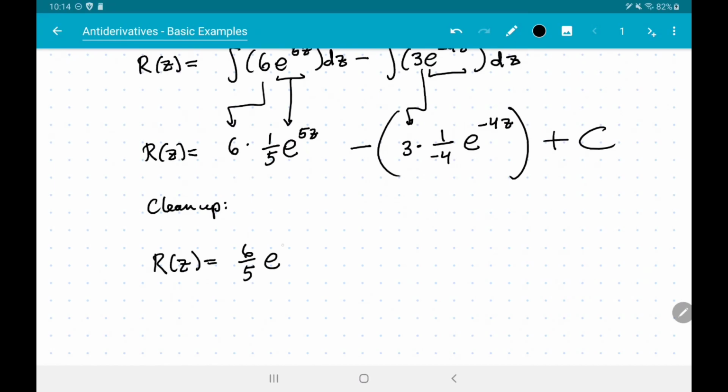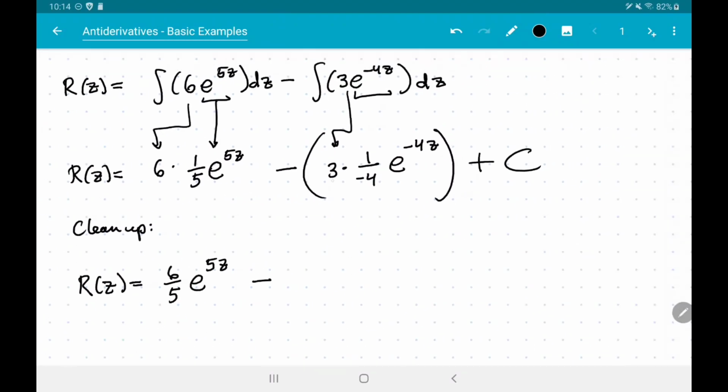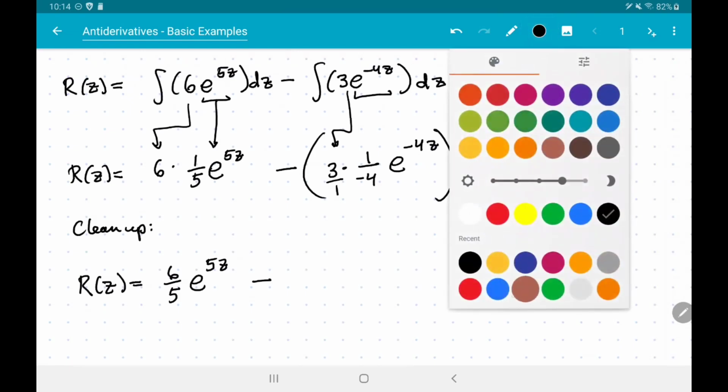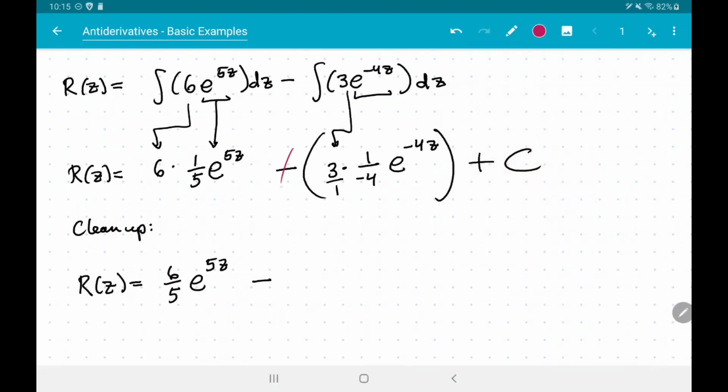So 6/5 e to the 5z minus, well, actually over here, we can combine the fractions. We can do a double negative simplification and put a plus here. That'll become plus 3/4 times e to the -4z plus a constant.